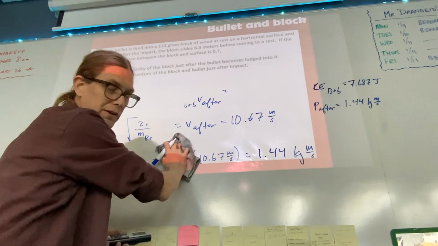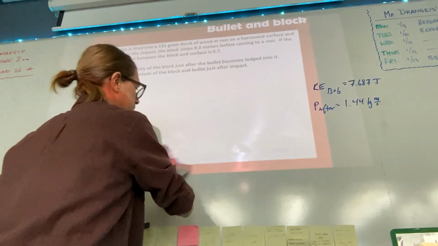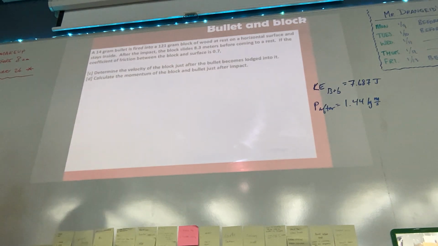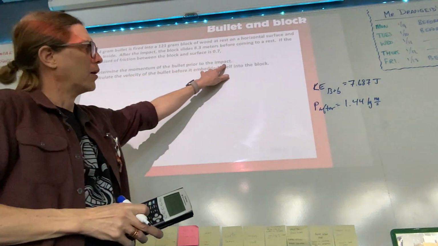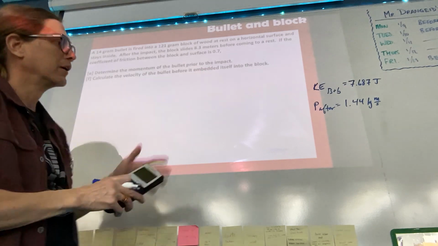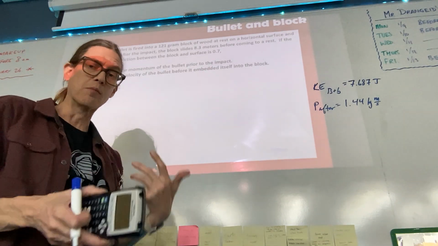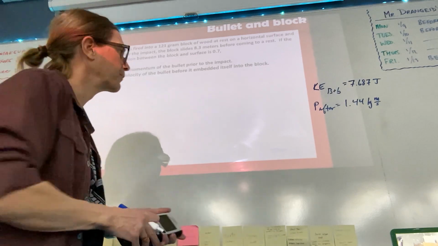All right, we're almost done. So now it asks, what's the momentum of the bullet prior to the impact? What's the momentum of the bullet before? It's going to be the same as the momentum of the bullet and block after, because momentum is conserved.